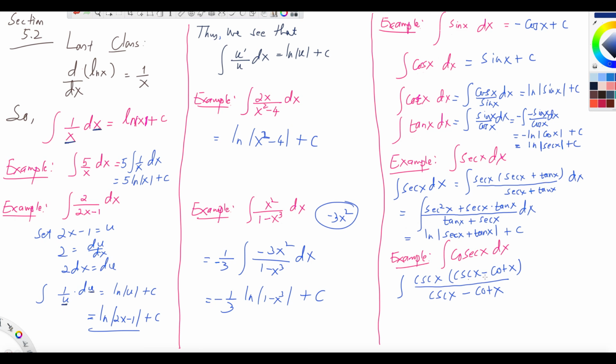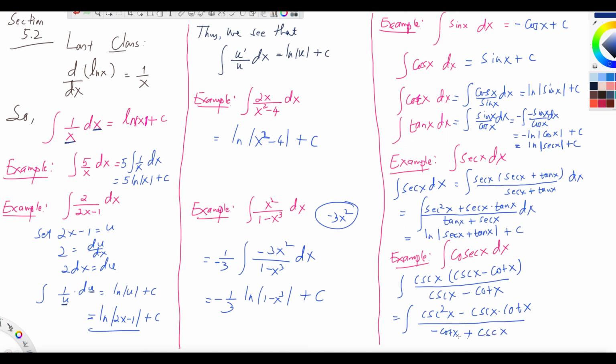Now if you distribute this, what do you get? You will get integral cosecant square x minus cosecant x times cotangent x, okay, and divide by cosecant x minus cotangent x. So you can write this as negative cotangent x and positive cosecant x.